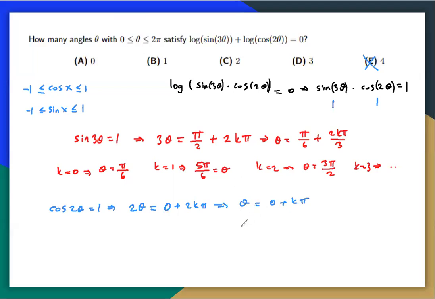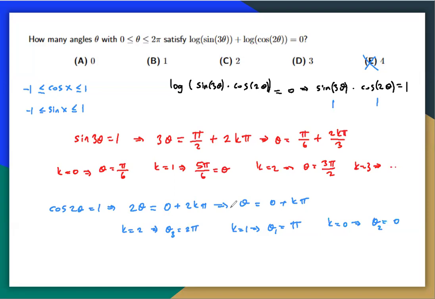If I choose k equals 0, then theta will be just 0. That's maybe another solution. If k equals 1, then theta is just pi. If I choose k equals 2, then that will be 2 pi plus 0, which is going to be my theta equal to 2 pi.